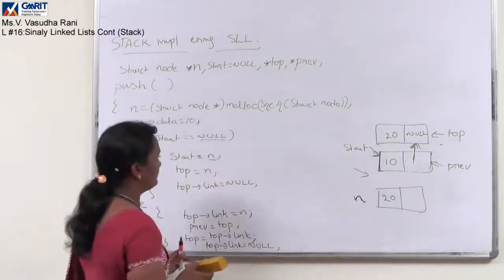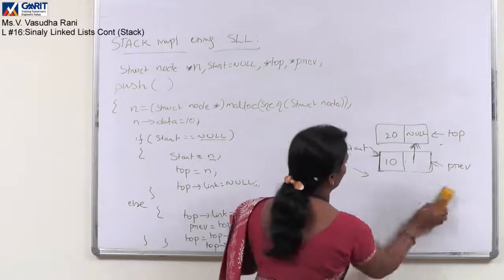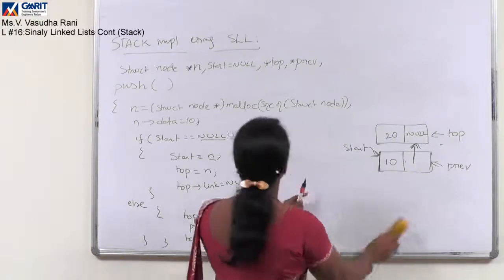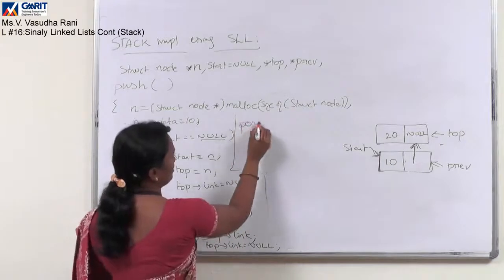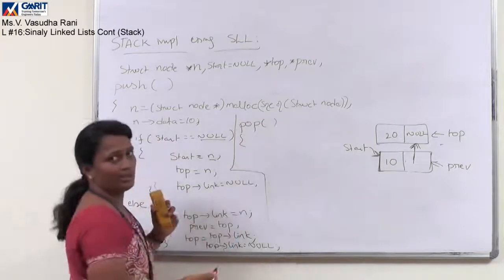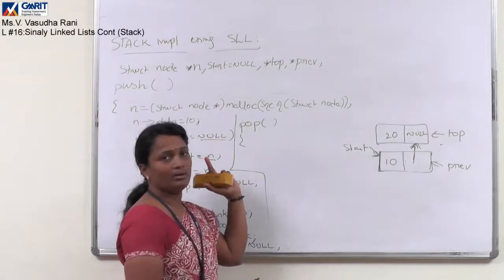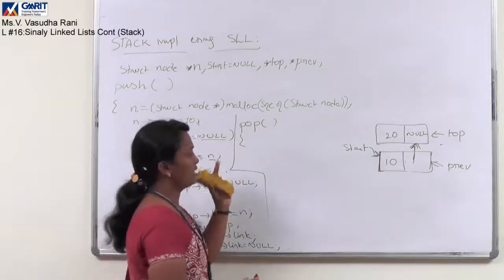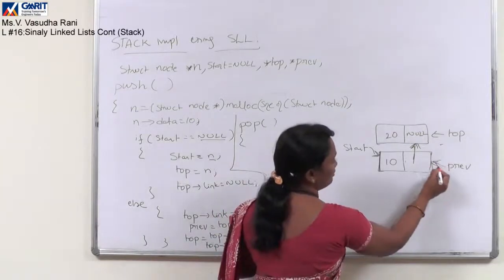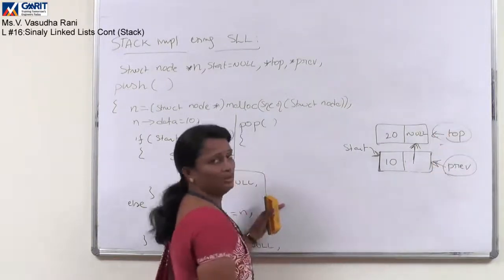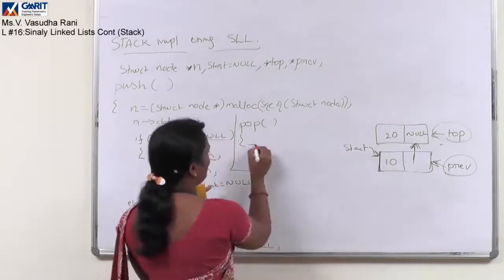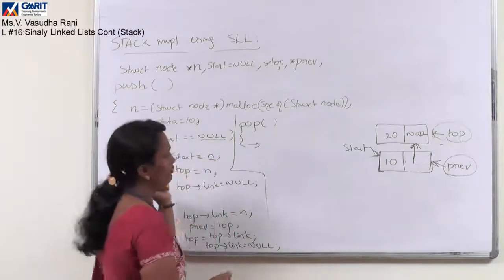Now deletion is nothing but your pop operation. Pop always has to delete the topmost element from the stack. Here we have already defined the previous node and the top node, so it's very simple to write the statements for pop.